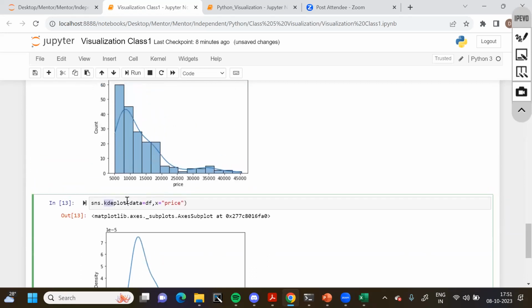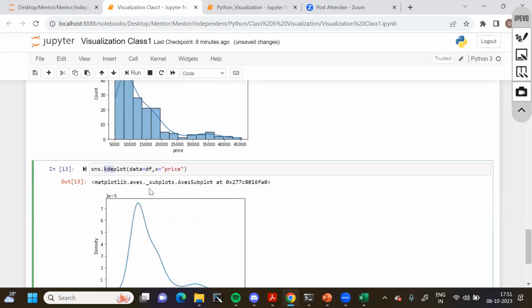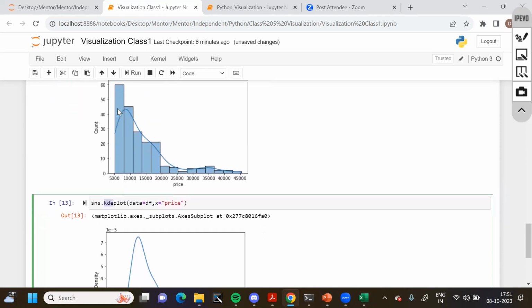What it does is take the values in order, first taking the average part. When I made kde is equal to true, it takes the average of the first few values, because I am starting from 5,000 to 10,000.